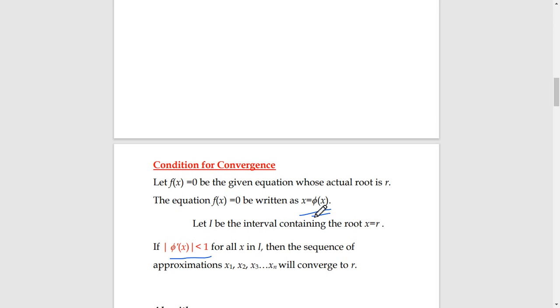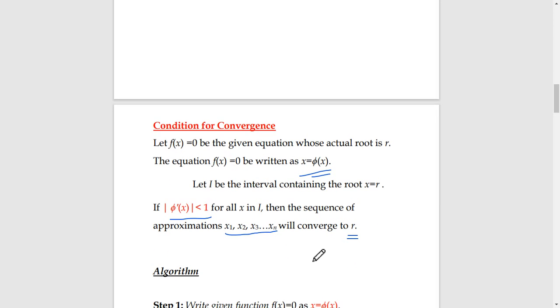that is, the absolute value of the differentiation of phi of x is less than 1 for all x in the interval, then the sequence of approximations x1, x2, and so on, xn will converge to R. That means we need to choose the initial value very close to the real root in order to get convergence.